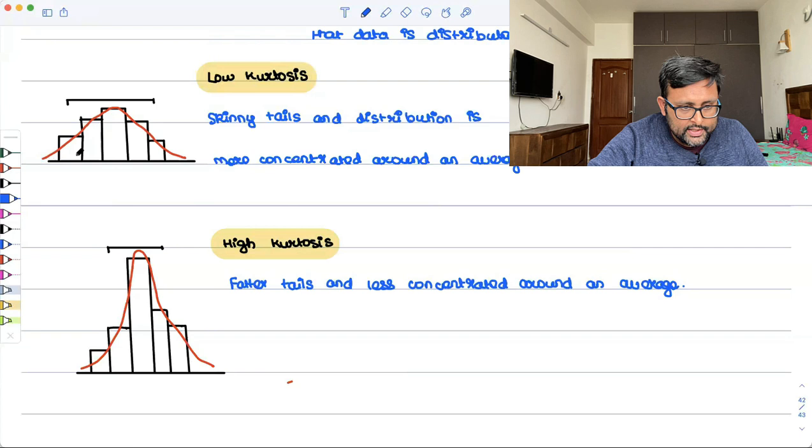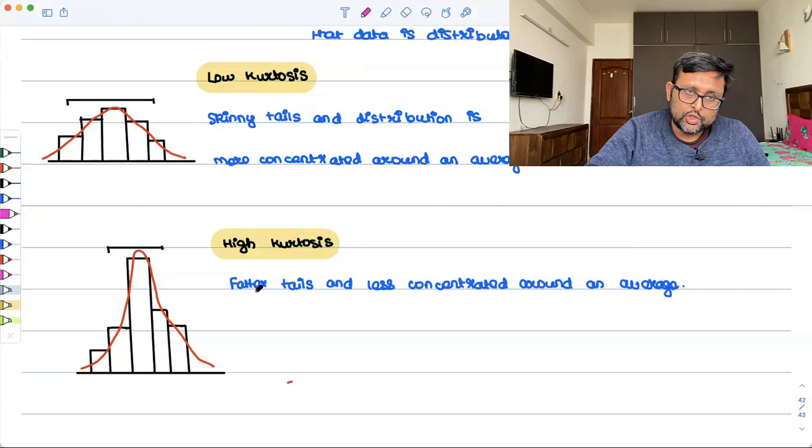If you look at this, there is a hump in between somewhere, right? And you have very little data on the tails. You don't have many extreme values here, but you have extreme values here, right? That is what is meant by fatter tails. And you have fewer extreme values here, so that is what is meant by skinny tails, right?